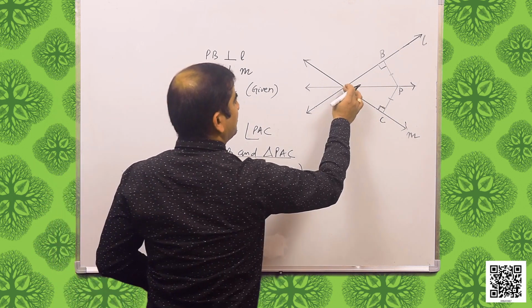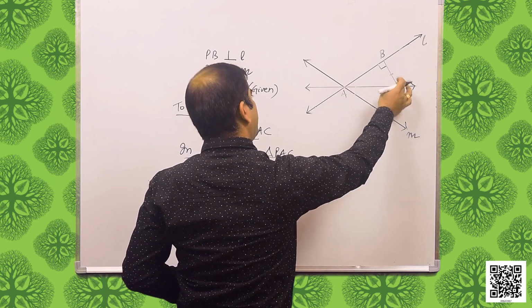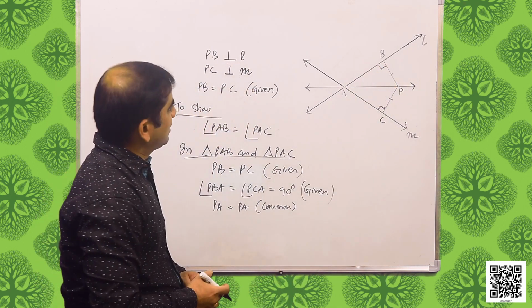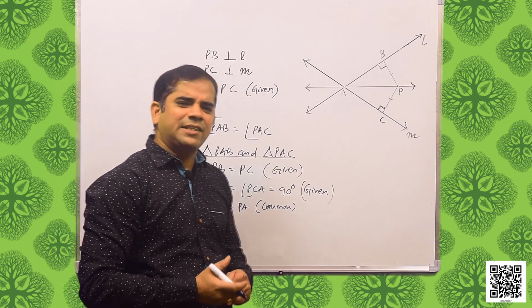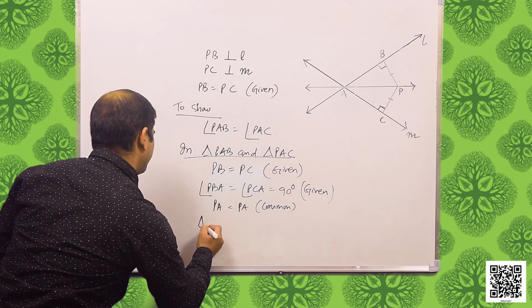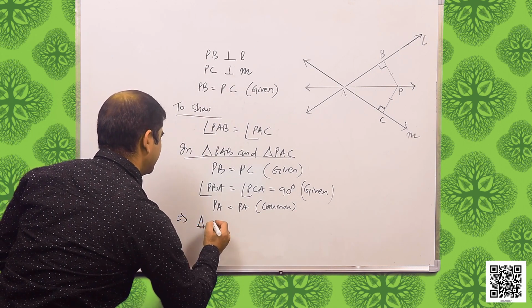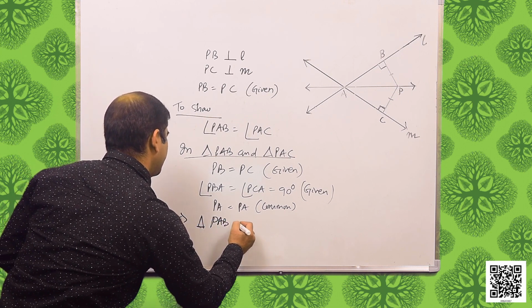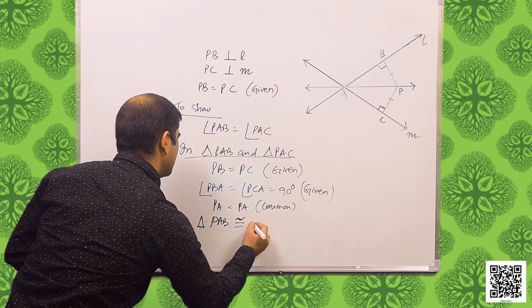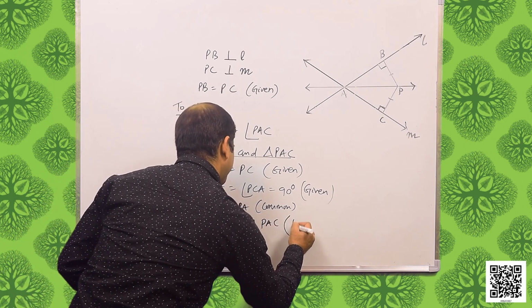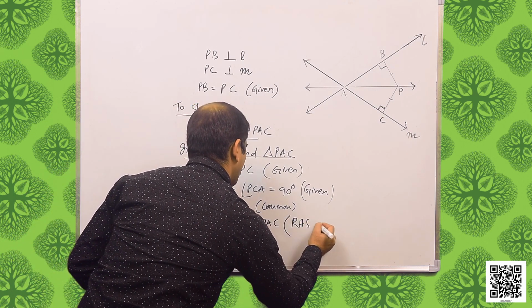So, PA, PB and a right angle, that means we can go for the RHS rule of congruency. That's why it is implied that triangle PAB is congruent to triangle PAC by RHS congruency.